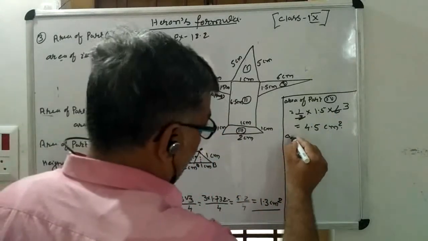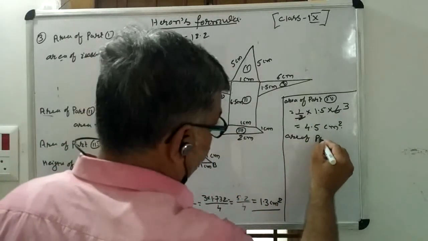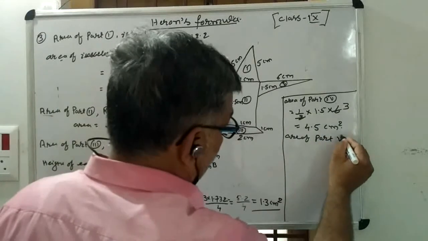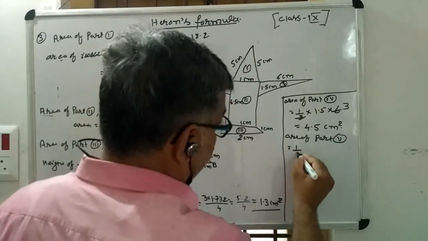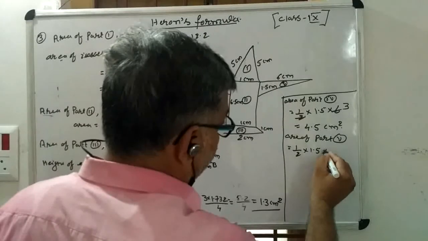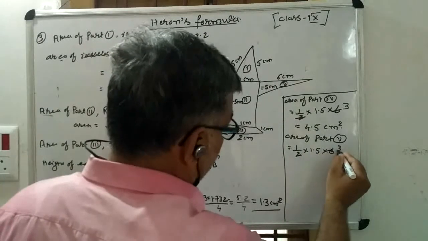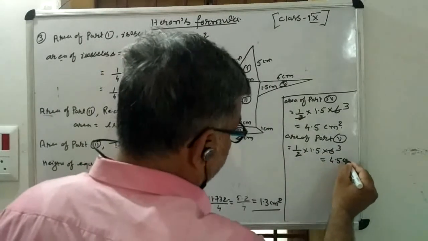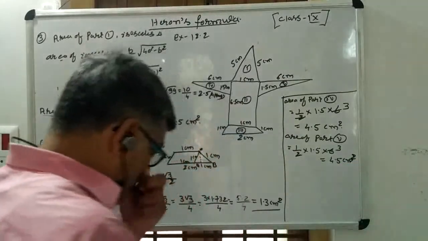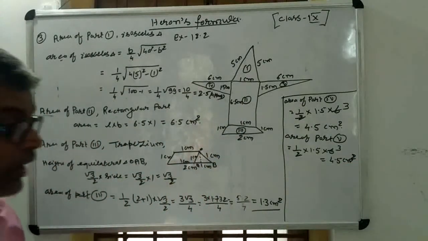Similarly, area of part 5 is also half into 1.5 into 6, that is 4.5 centimeter square. Now you need to calculate the area of the aeroplane.